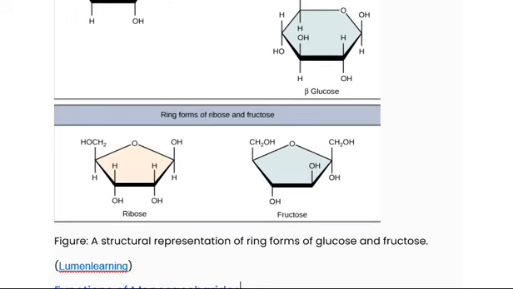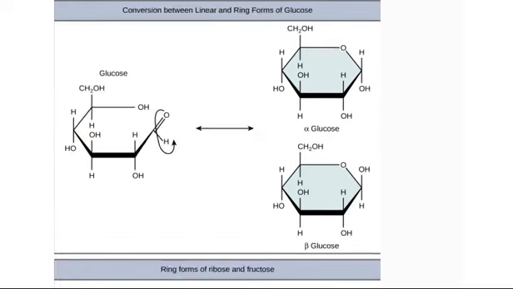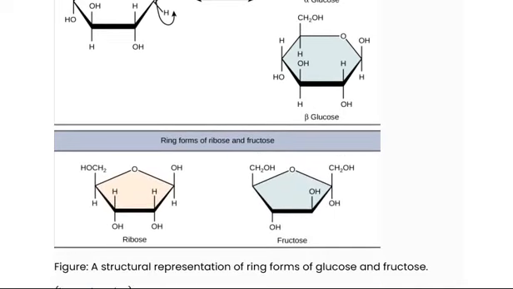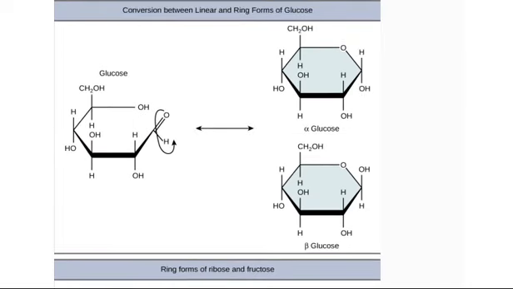So here you have glucose up, ribose and fructose down. Look at the structure of both. We can have alpha glucose in ring form. We can have beta glucose in ring form. Then ribose and fructose are also shown.